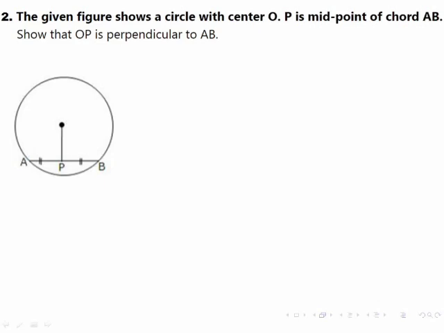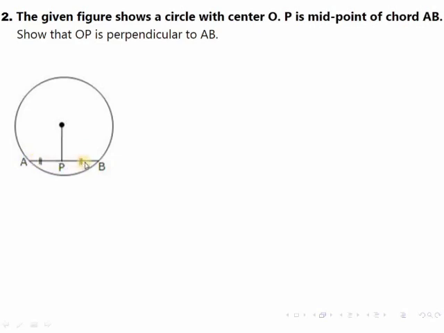So from O, if you draw a line which bisects, see here carefully, you have this line. Here you see this cut, so this cut represents that AP and PB both are equal.